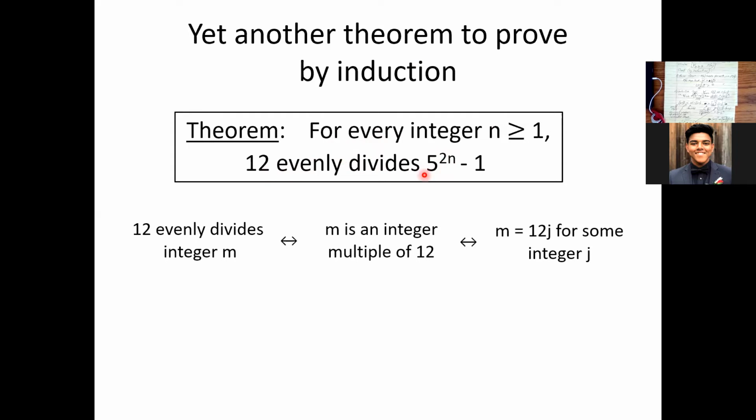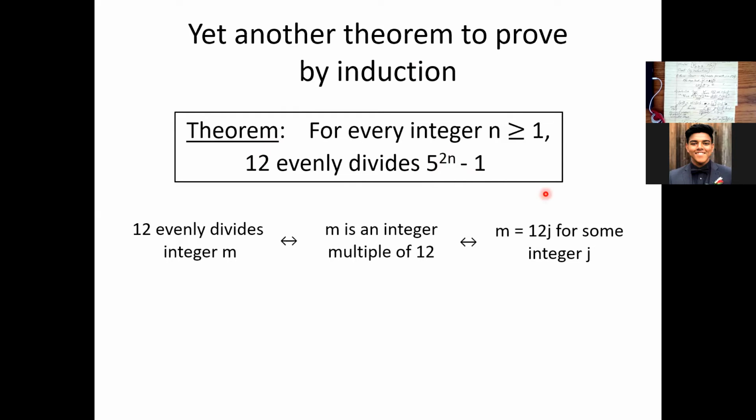This is a little puzzling. Why should that be? If I look at the powers of 5, but actually only even powers, so 5 squared, 5 to the 4th, 5 to the 6th, etc., and subtract 1 from any of such power, I get some integer that is divisible by 12.